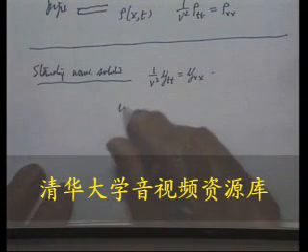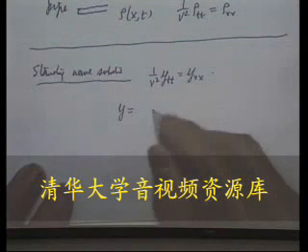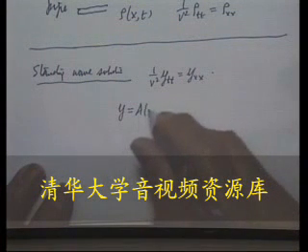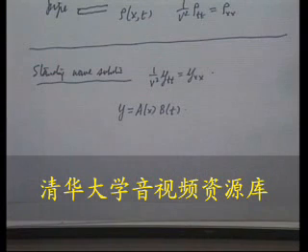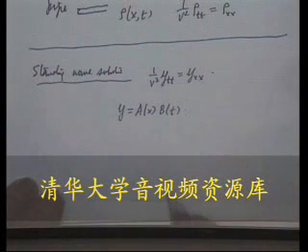We assume this y is a product function, a of x times b of t. It's originally a function of two variables, we assume it is a product of two functions, one of which depends only on x, the other depends only on t.